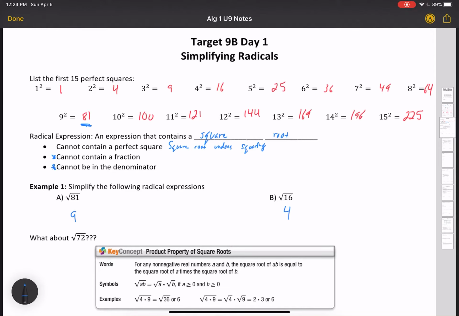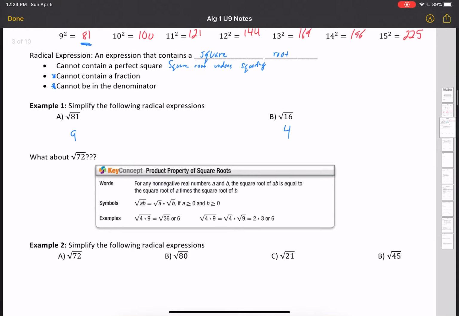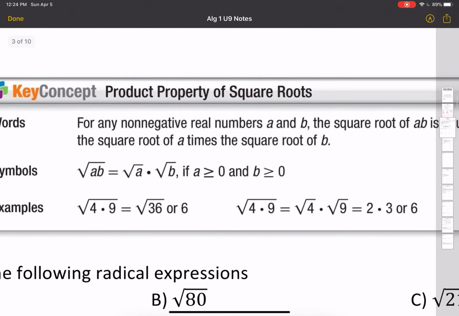Okay? So what we're going to do is break down 72 and try to expose the perfect squares that are within 72. And how we're going to do that is we can break down the numbers. So, for example, you see here in this rule, square root of a times b, we can break that up into the square root of a times the square root of b.